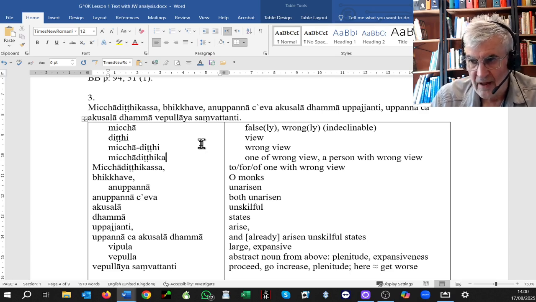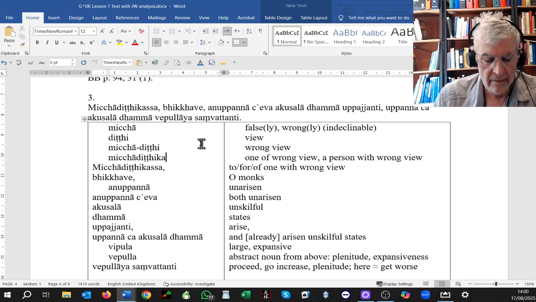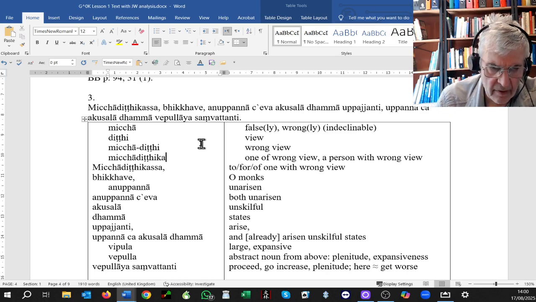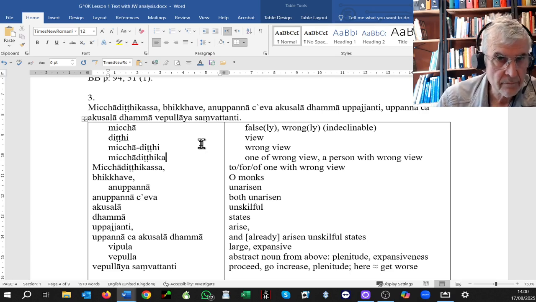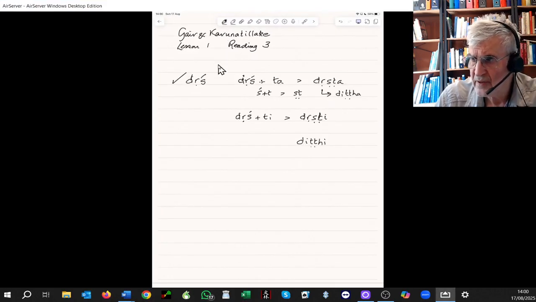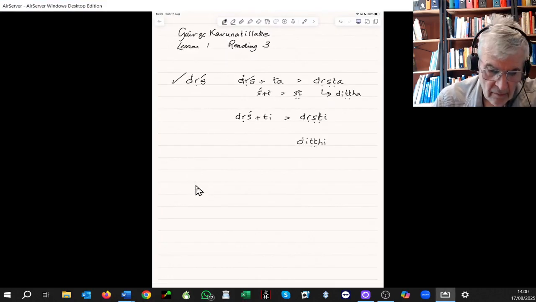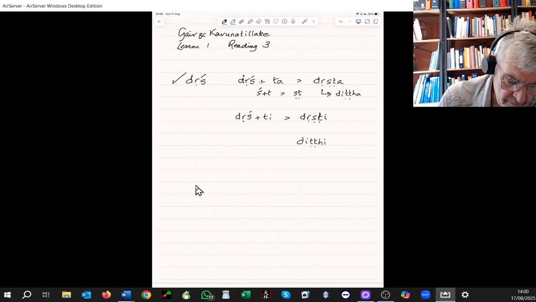Anuppannā akusalā dhammā uppajjanti means unarisen, unskillful states arise. Now this uppanna, to arise, we know from paṭiccasamuppāda, that's the samuppāda. The root is pad.